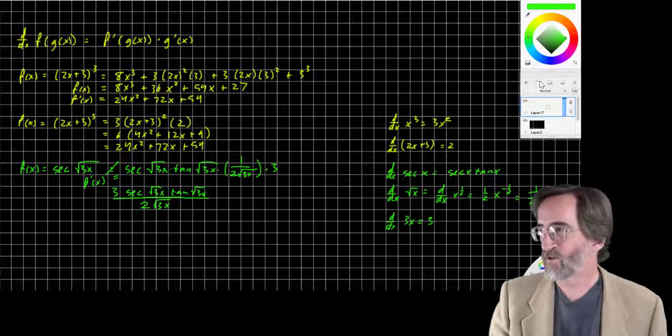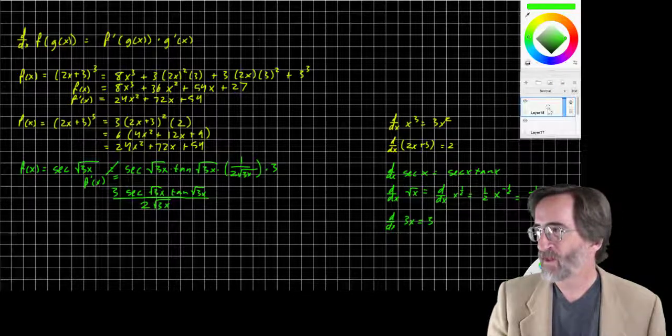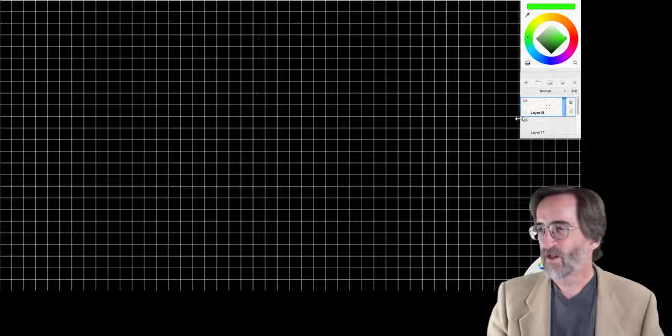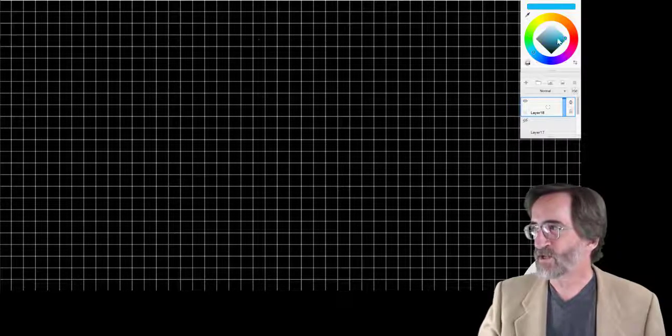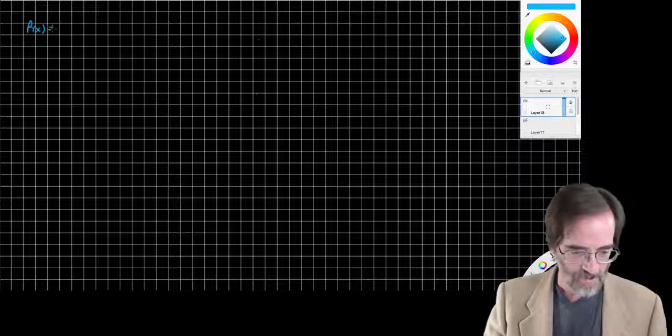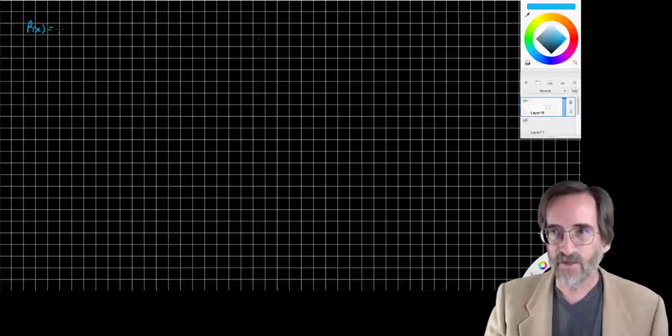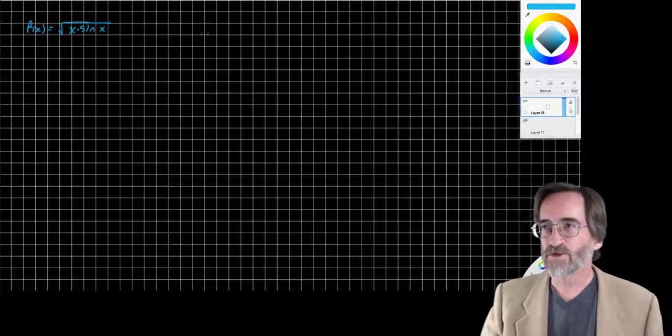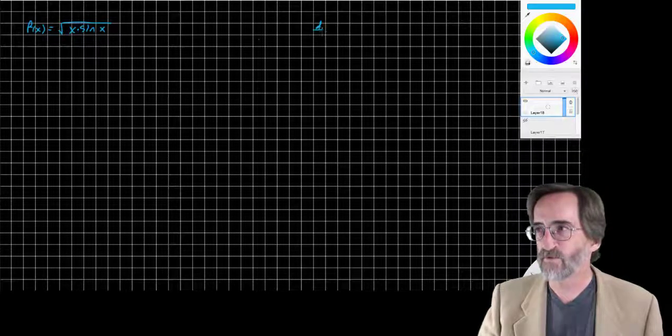One more example. Let me clear the space here. Okay, let's take the derivative of f of x equals square root of (x plus x sine x). In this case, we're going to have to remember the chain rule as well. So the derivative with respect to x of square root x, as we've already seen, is 1 over 2 root x.